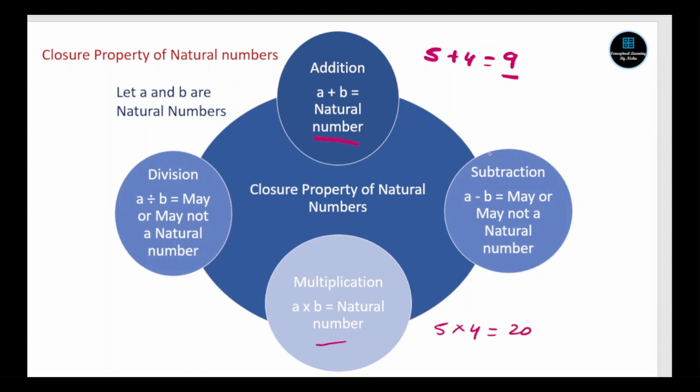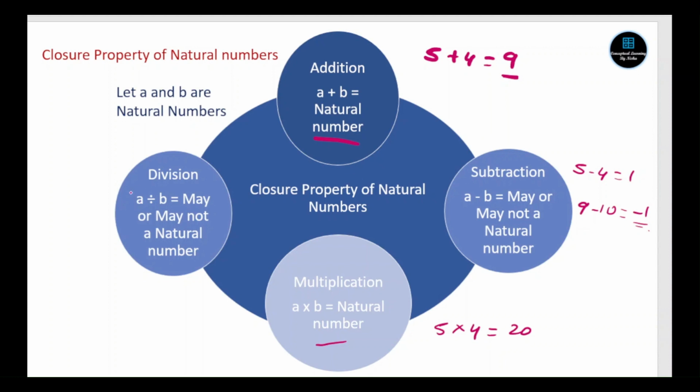But in terms of subtraction, it may or may not be a natural number. Let's understand. 5 minus 4, I'll get 1. But if I say 9 minus 10, then it is not a natural number, right? It is an integer value, correct? So for subtraction, the closure property for natural numbers is not valid.